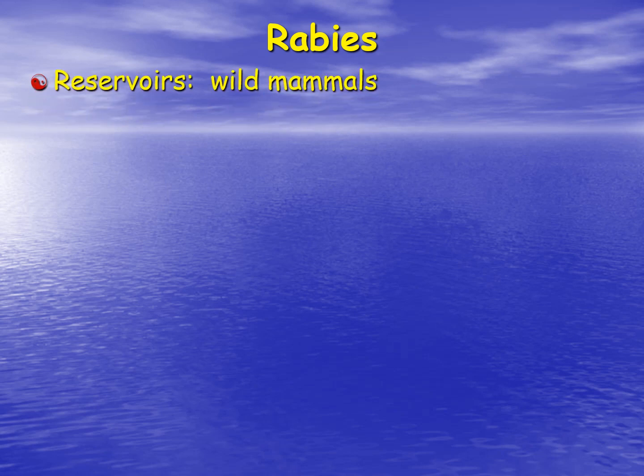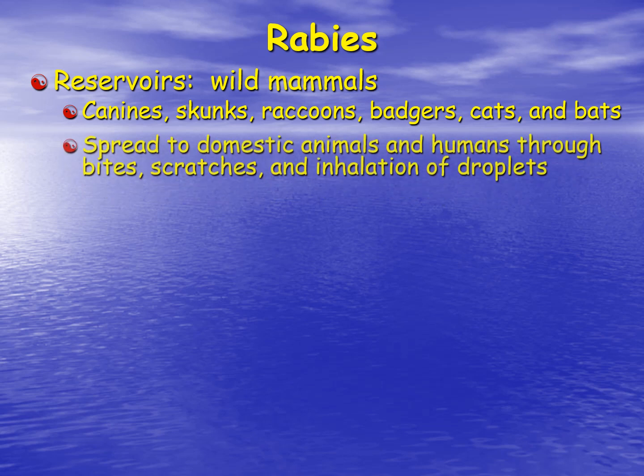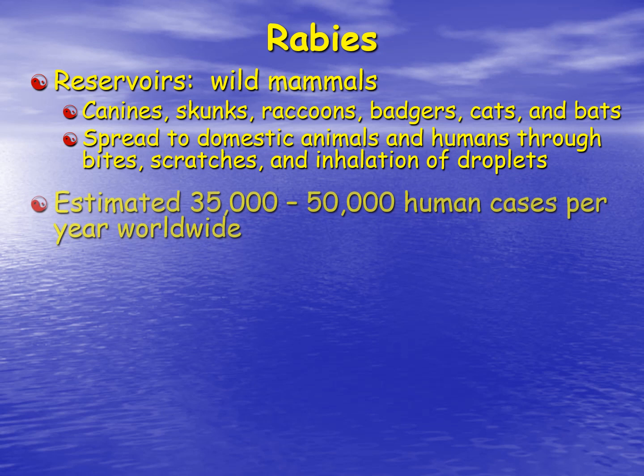The reservoir of rabies is any wild mammal. Canines, skunks, raccoons, badgers, cats, bats, the list goes on and on. Any warm-blooded mammal can carry rabies. Spread to domesticated animals and humans is oftentimes through the bites, scratches, or inhalation of saliva droplets from the wild mammals.